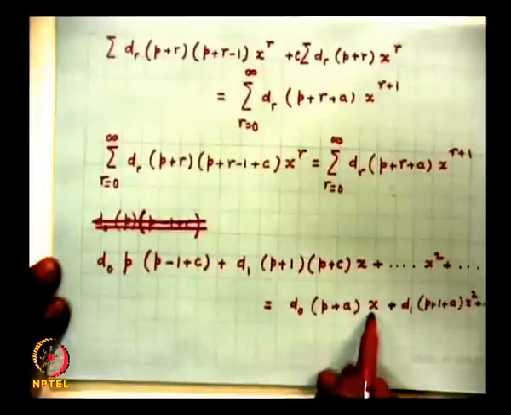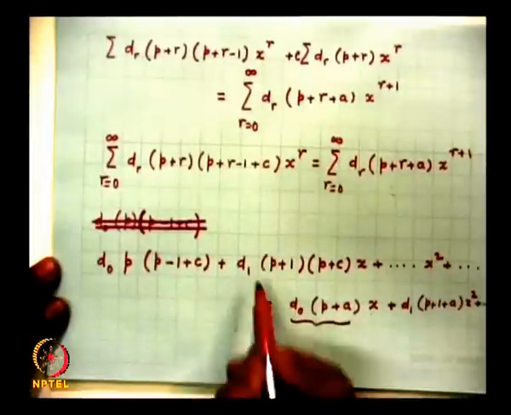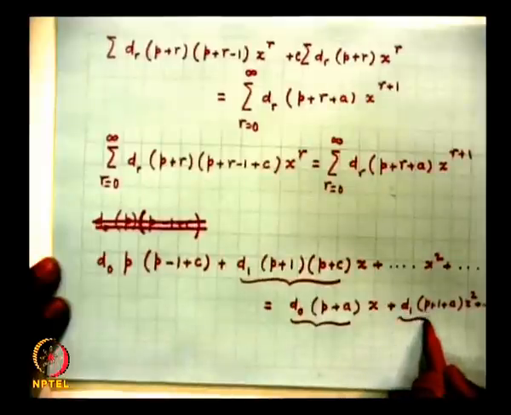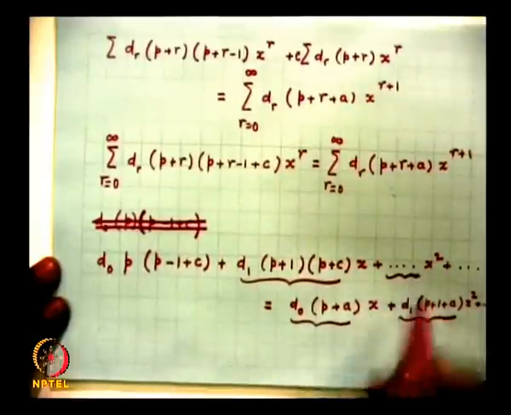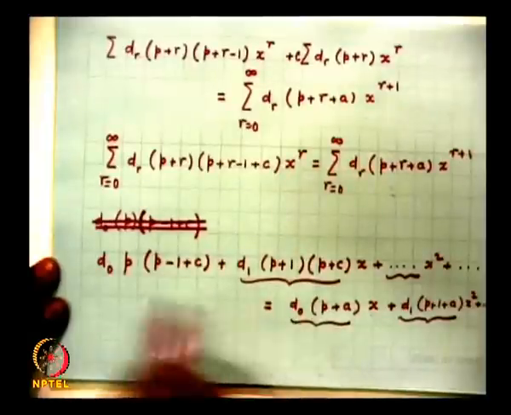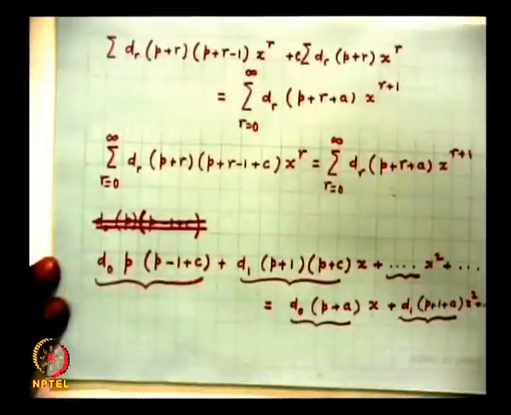So, the coefficient of this should be equal to this, and since there is no x to the power of 0 here, this should be 0.